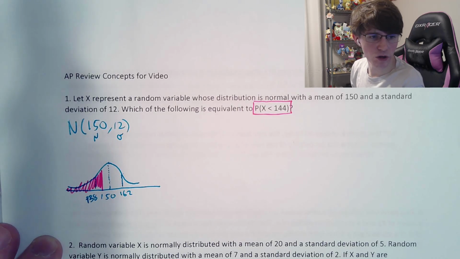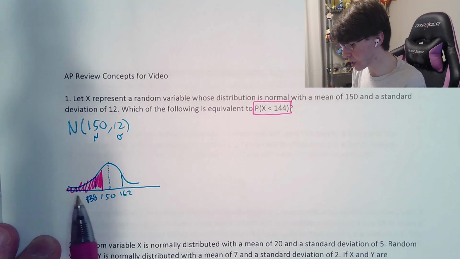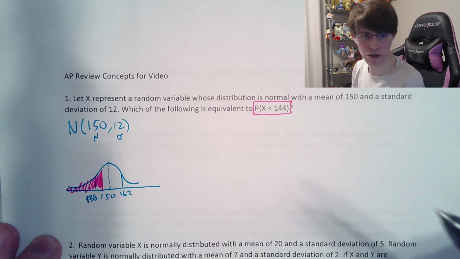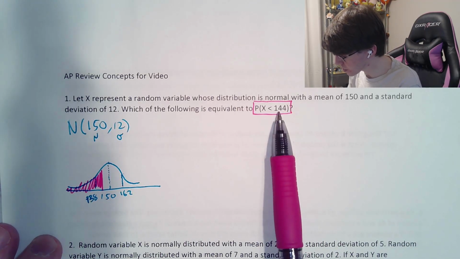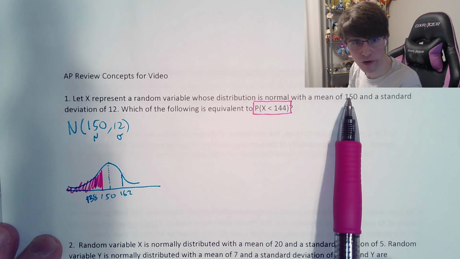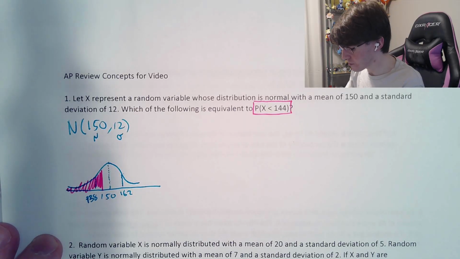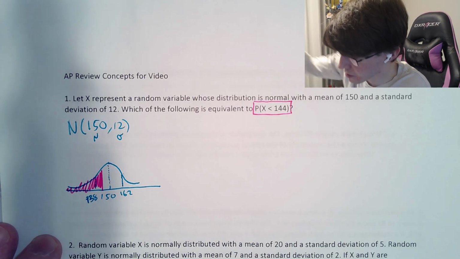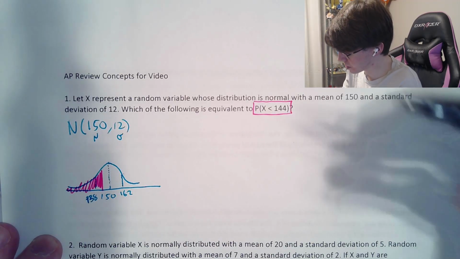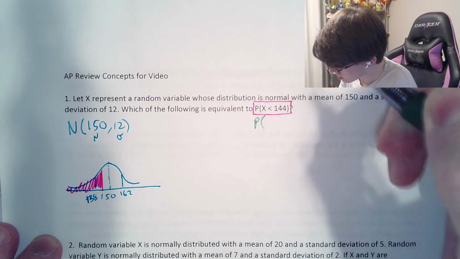So we're looking at this area to see what things could be equal to it. The most obvious one for a normal distribution is on the opposite side, which is exactly the same concept. Because 144 is precisely 6 away from 150, the positive side of it, if it was bigger, I'm going to do in a green color here. Really hope no one's colorblind watching this, because you will struggle with the blue and the green, and I apologize.